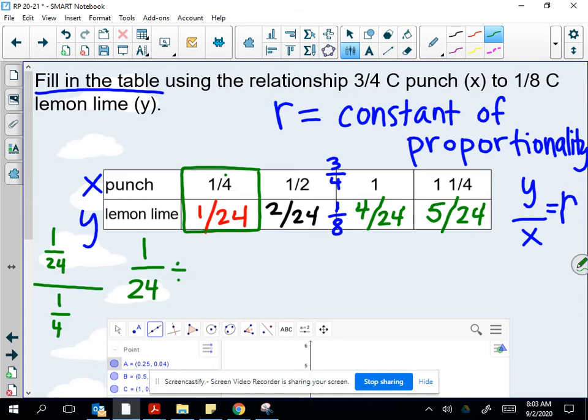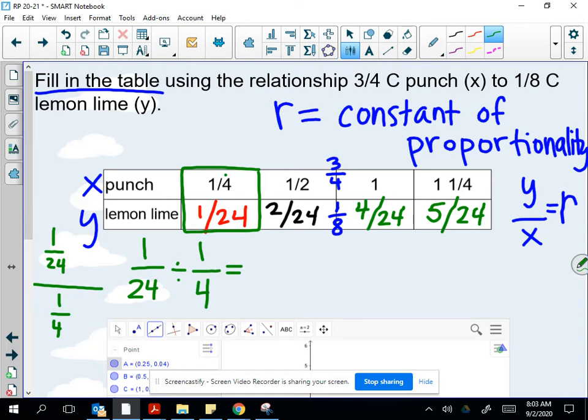I'm going to write it out horizontally here so we can see a way to divide it. Because the denominators are factors of each other, I can use just dividing across in this case. You could get common denominators here too. But since 4 does go evenly into 24, I don't need a common denominator. That factor really helps me.